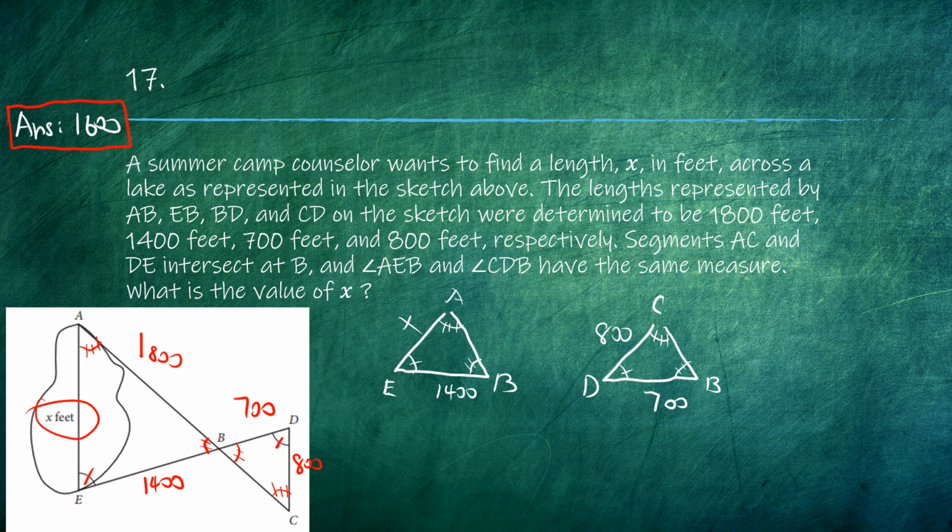So we can simply set up our proportion where x over 1400 is the same proportion as the corresponding side. In this case, it is the side opposite to this angle, the 2 slash. So we have 800 over the side here with the 3 slash, so 700. And solve for x. So if you notice, x is 1600.